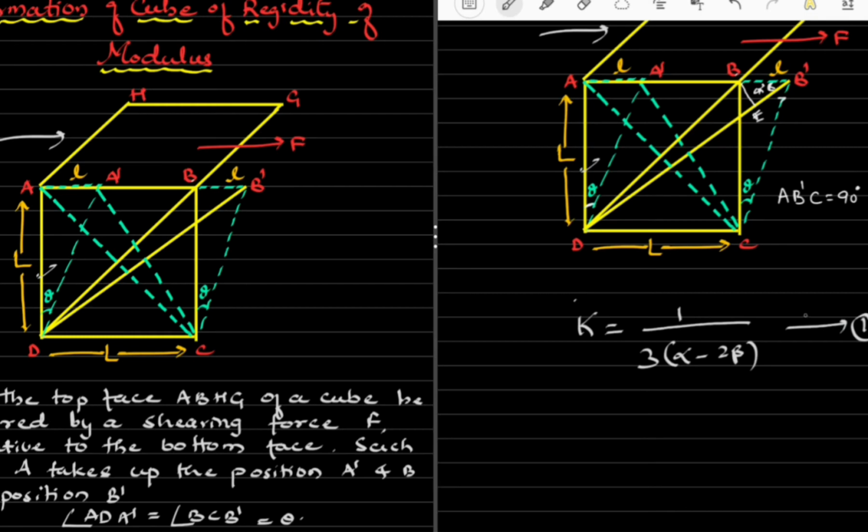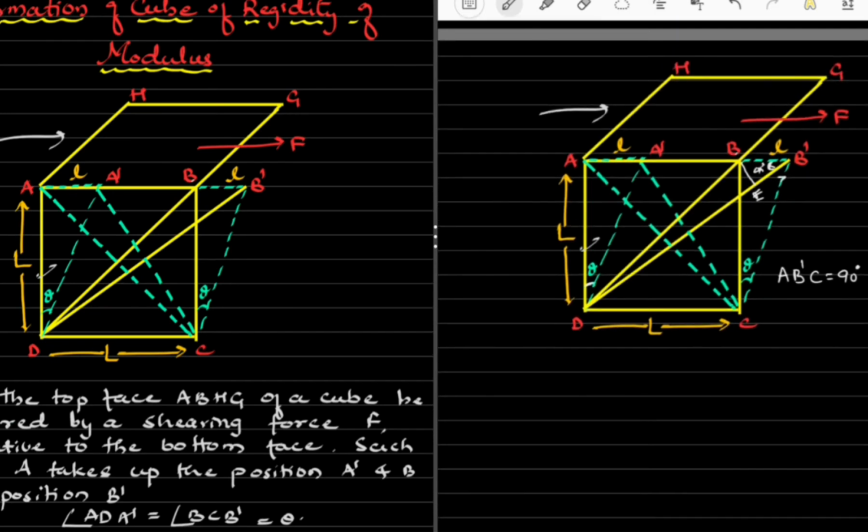Now we'll find the next equation for the rigidity of modulus. So let us take one cube of the material, that is here. We'll apply a force as tangential to that cube.